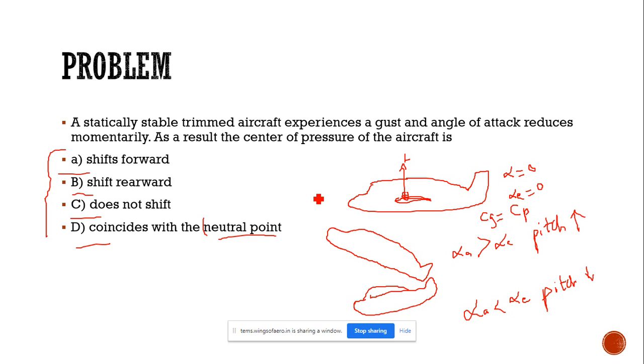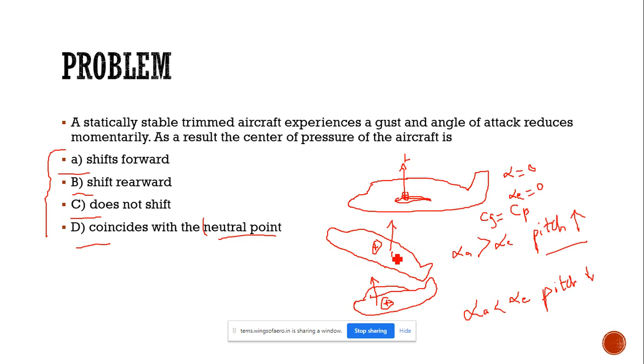the moment will act on the airplane, and if the moment is acting, automatically what will happen? Here they are asking about the center of pressure, and here it is the CG. The center of pressure will shift forward for a pitching down moment, and the center of pressure will shift backward for a pitch up moment.